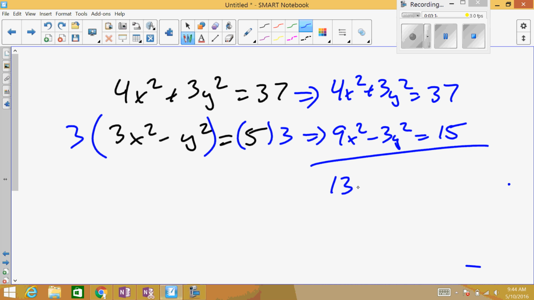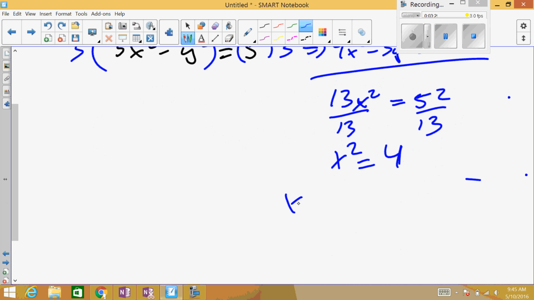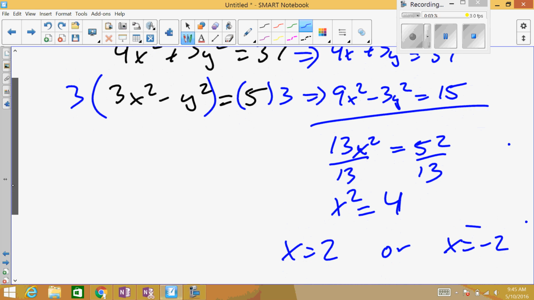And I'm going to combine: 13x squared equals, looks like 52. x squared equals 4. So that means x is going to be either 2 or x equals negative 2. So I need to go back and try both of those in my two equations to find my 2 points.